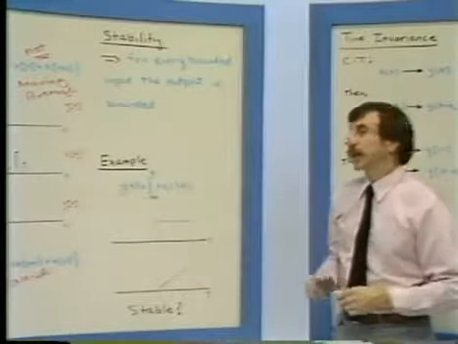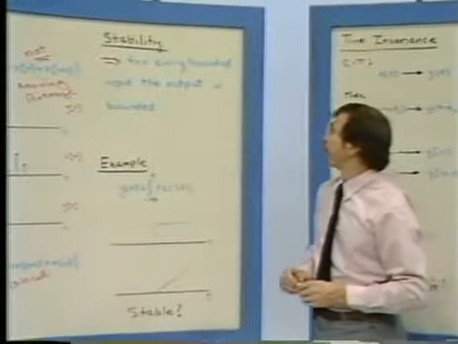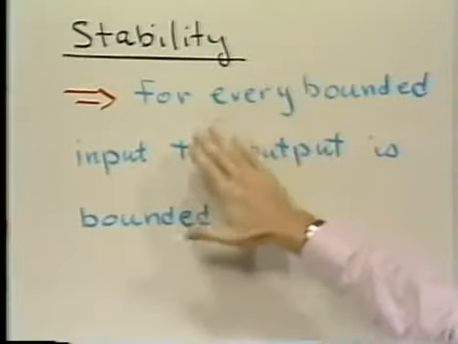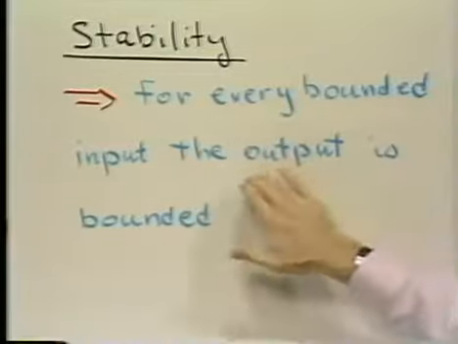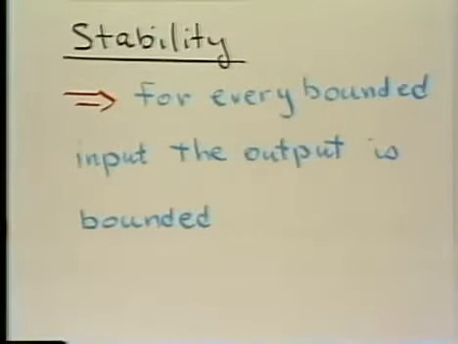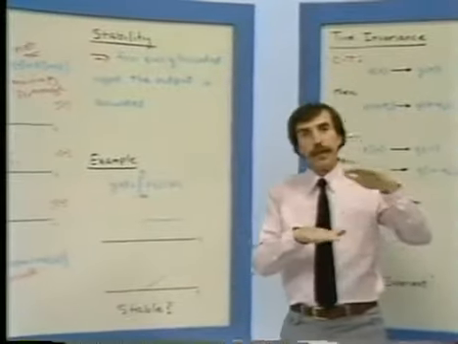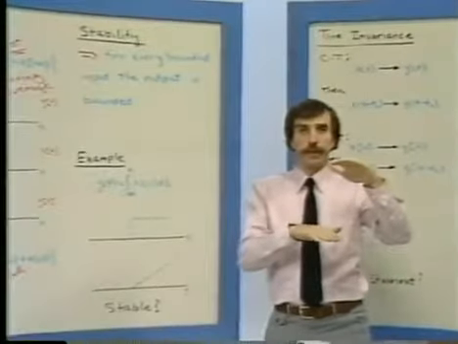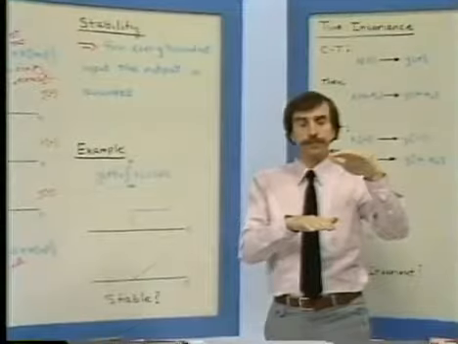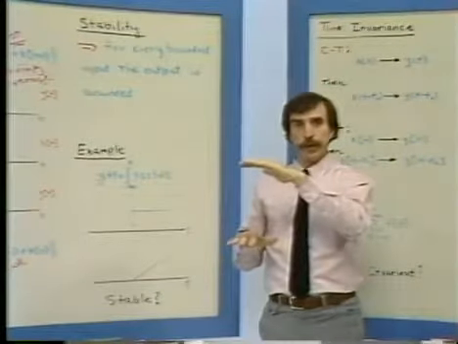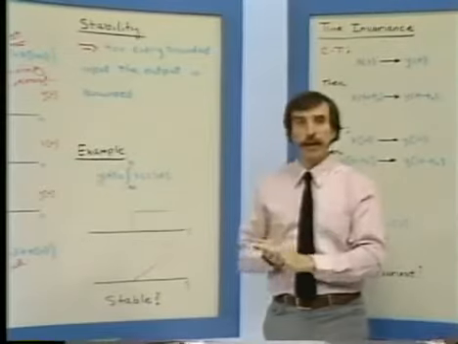And essentially, the definition is that a system is stable if and only if, for every bounded input, the output is bounded. So the notion is, if you have a system and the input never gets above some finite value, then stability requires that the output also stay within some bounded values.